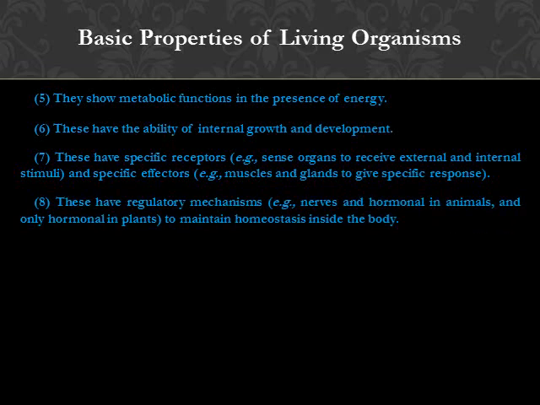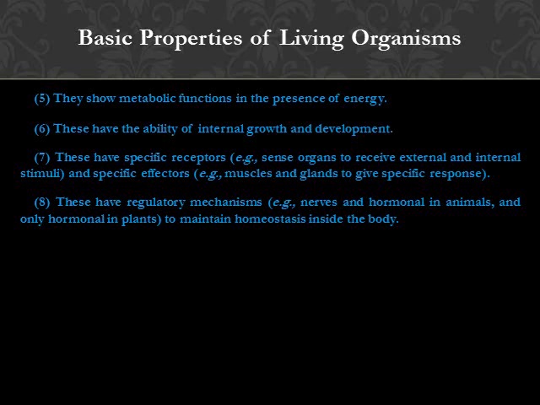The next characteristic feature is that living organisms have regulatory mechanisms, that is nerves or hormones in animals and only hormones in plants. Look, plants actually do not have any sort of organs, including sense organs like brain or nerves. So they do not have nerves for the regulation mechanism, as we have.